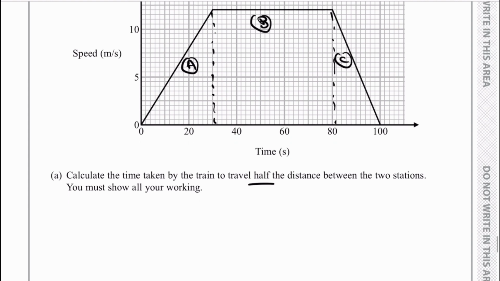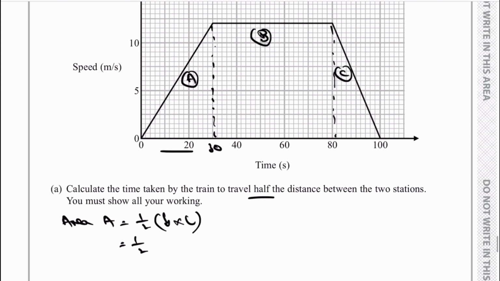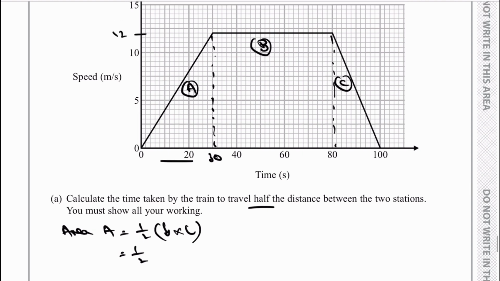Okay, so the area of A is going to be a half base times height, which is going to be a half, and the base, hopefully you'll be able to see at the top there, is going to be 30, and then the height itself is going to be, in this particular case, 12. Just be very careful when you're actually reading these particular charts.